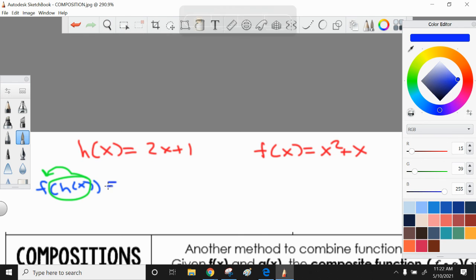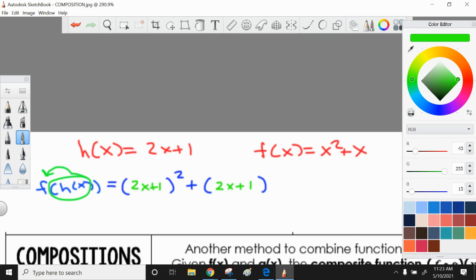So how this should look is x squared plus x. And then we put the h inside here and the h inside here, right? Because h is supposed to go into all the x's of f.